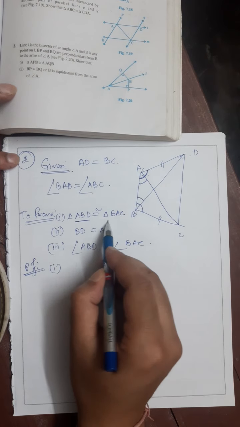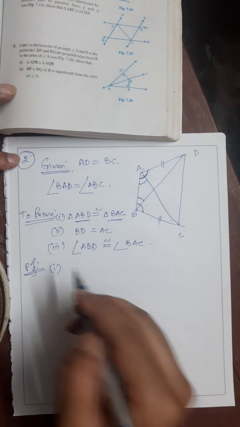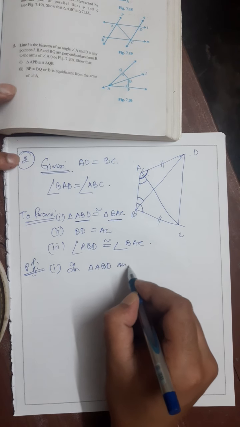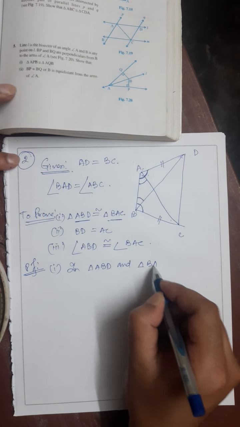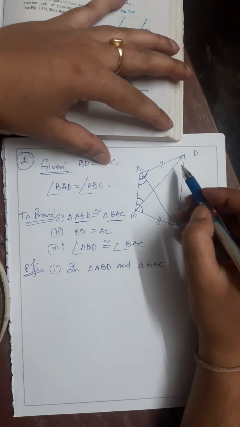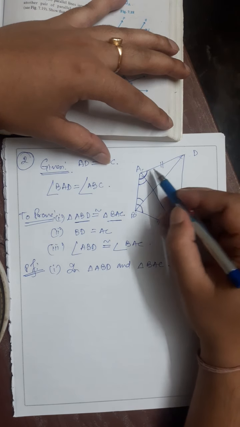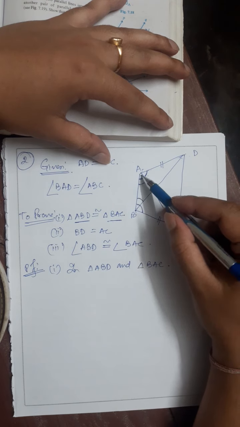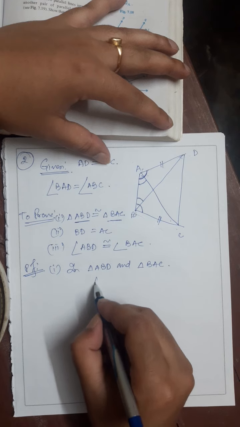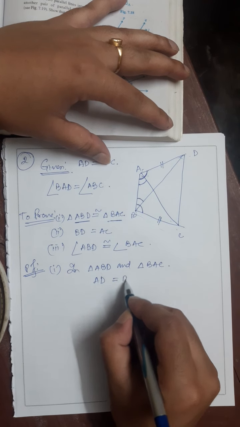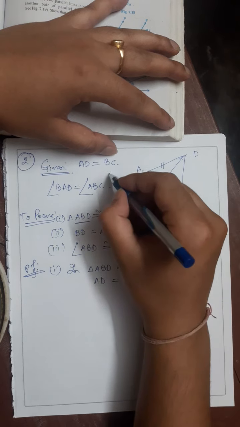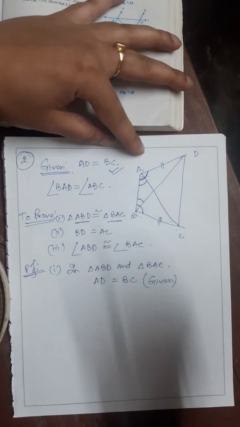We'll write the name of the two triangles which we have to prove equal. So in triangle ABD and triangle BAC, what are the three points? First point is, in this triangle AD and in this triangle BC, these two sides are equal. So AD is equal to BC, and this was given.